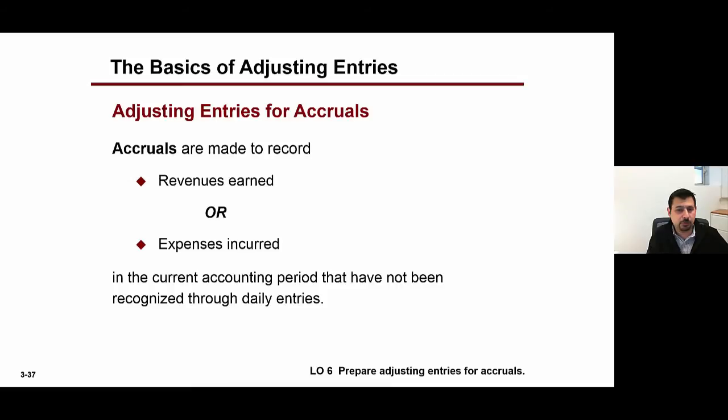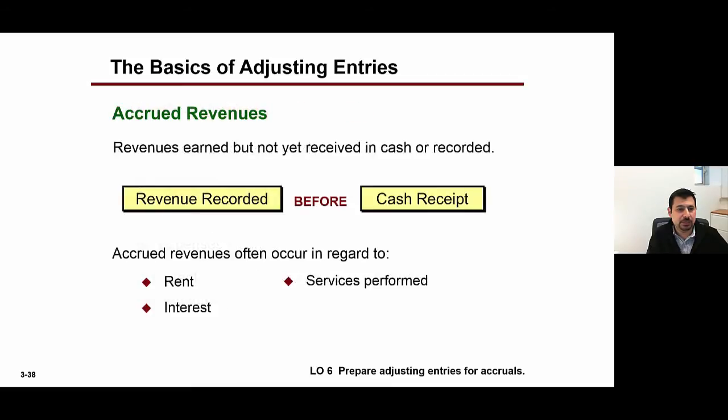Accrual, the word accrual in general means that this is something that is accumulating. So those are revenues that we have not received cash for. We started earning the revenues, we started accumulating those revenues, but we did not get cash.